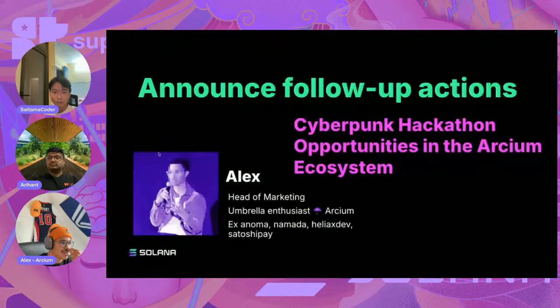Maybe Saitama has some feedback on how his experience was, but we're really trying to work closely with all the devs and teams using Arcium to make sure this stuff is usable and privacy isn't a bottleneck anymore, but a catalyst to open up a completely new design space on chain. So please reach out. There's a lot of opportunity in the Arcium ecosystem right now if you're interested or already building something.